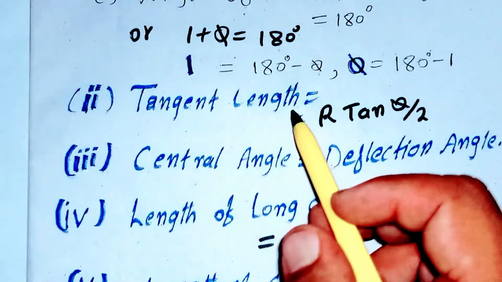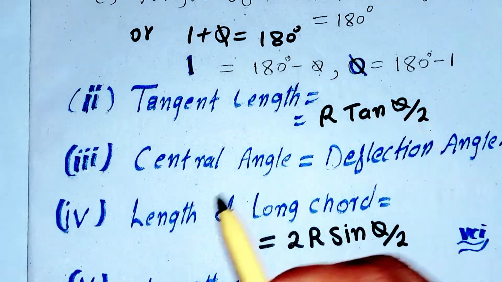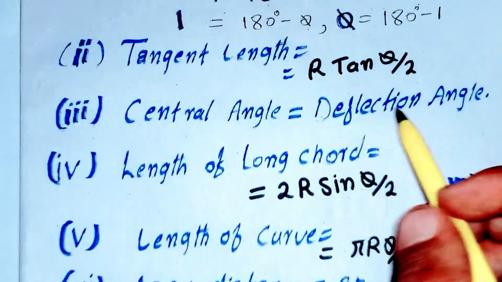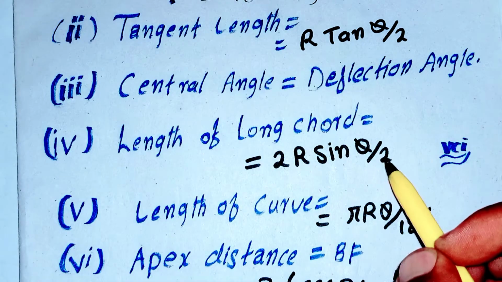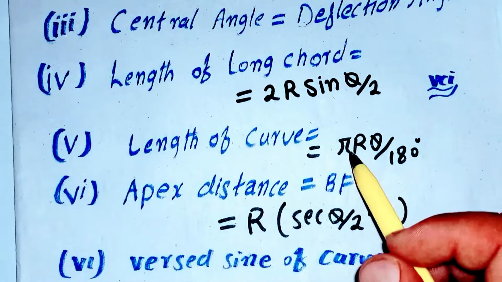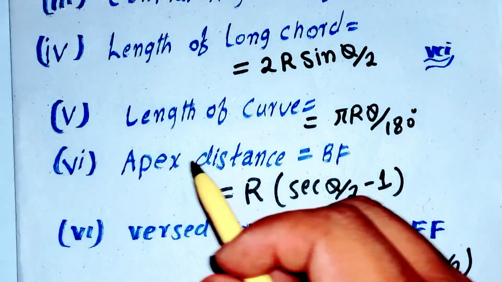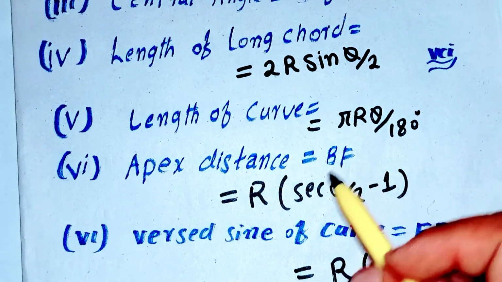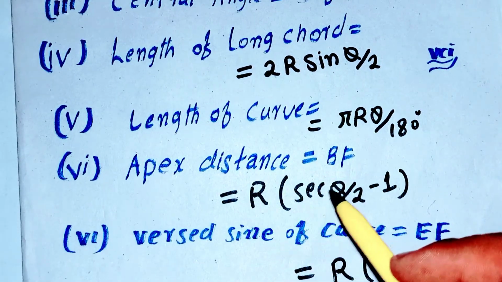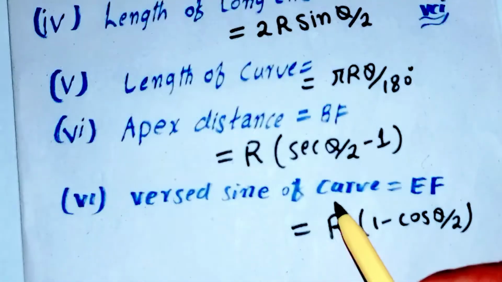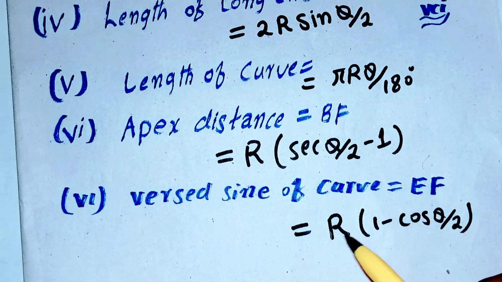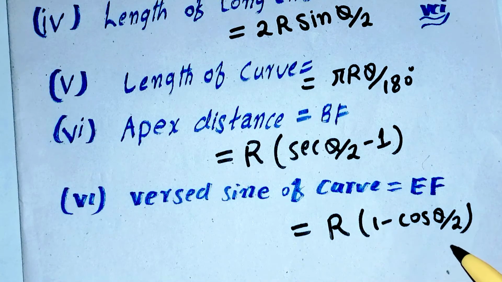The tangent length is equal to r tangent theta divided by 2. Central angle is equal to deflection angle. Length of long chord is equal to 2 r sin theta divided by 2. Length of curve is equal to pi r theta divided by 180 degrees. Apex distance is equal to BF, which is equal to r into secant theta divided by 2 minus 1. Versine distance is equal to EF, which is equal to r into 1 minus cos theta divided by 2.